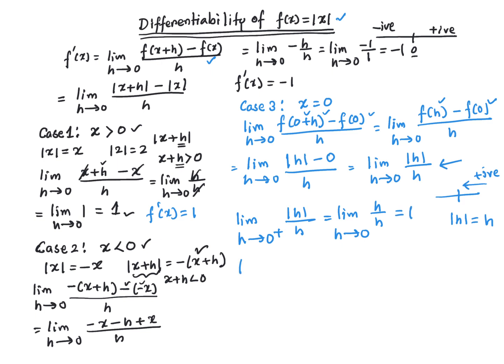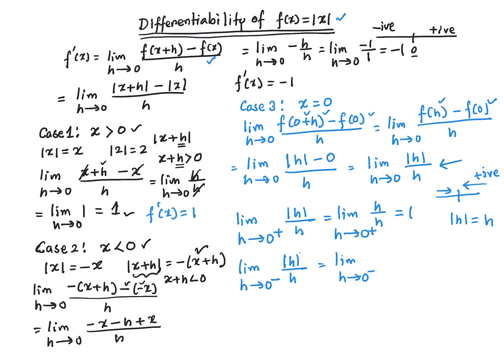Now for the left limit, what happens? Limit h approaches 0 from the negative side, absolute value of h over h is going to be equal to limit, oh, I forgot to put the negative sign here, limit h approaches 0 from the negative side. Now if h approaches 0 from the negative side, however small the value of h is, it does not matter. h is always going to be negative, right?